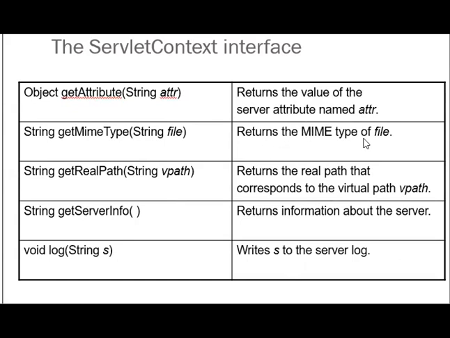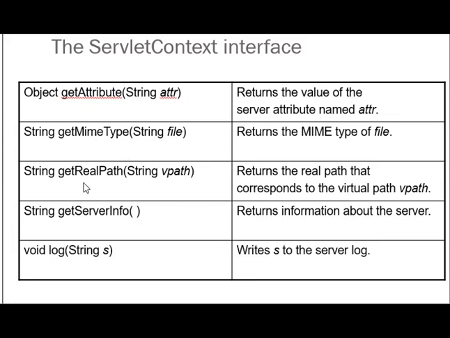The MIME type indicates which type of data we are writing in the response. In our previous example, it was text/html. Similarly, we have other MIME types for image, video, audio, and normal text responses. So that is the MIME type.